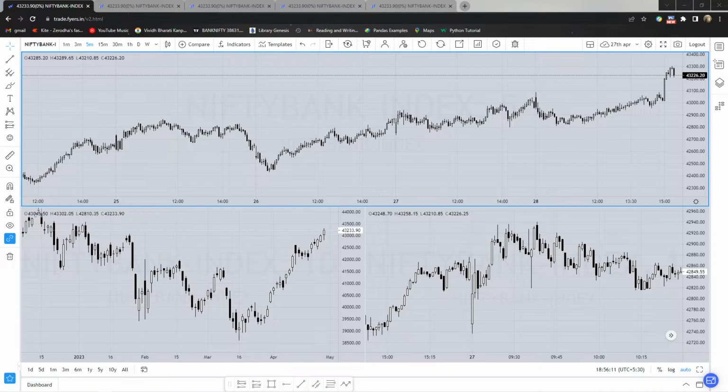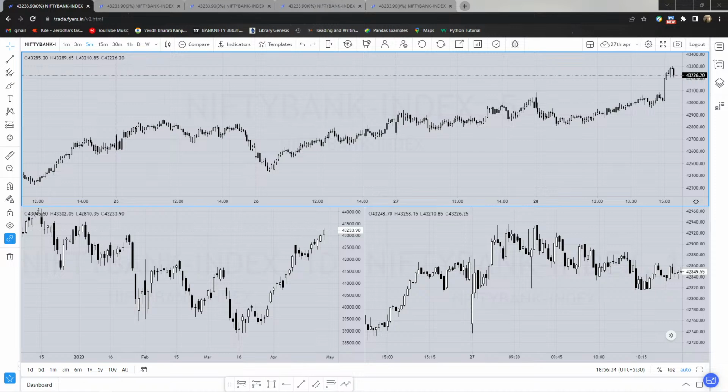Levels marked on the daily chart, and a good understanding of where the price went in the past 2-3 days.